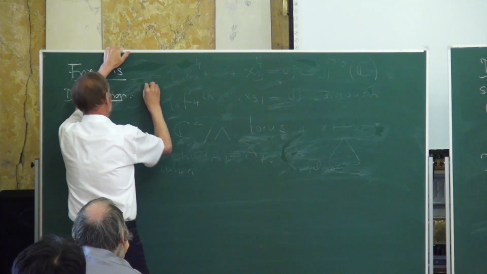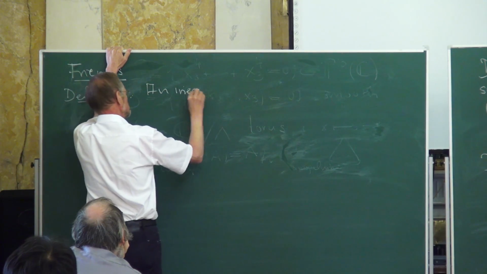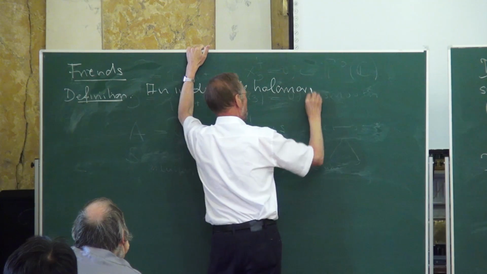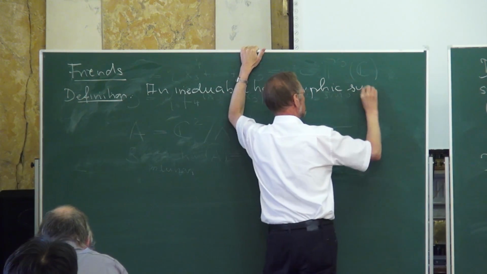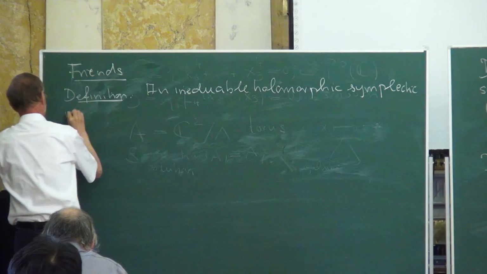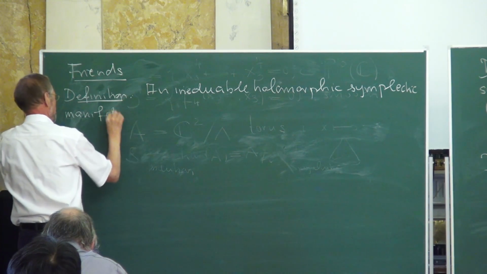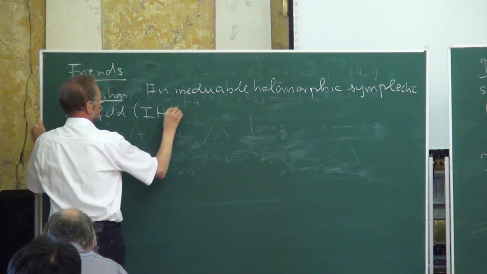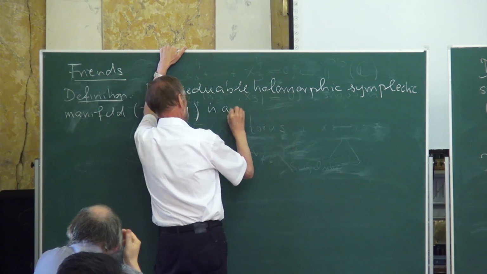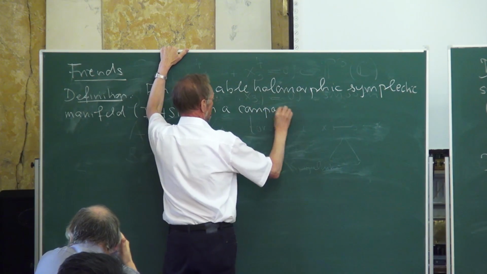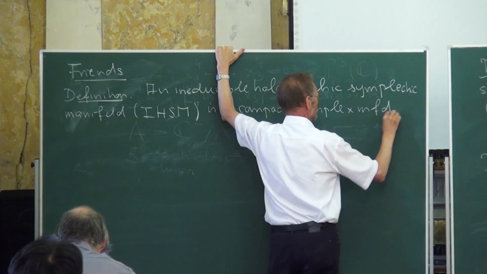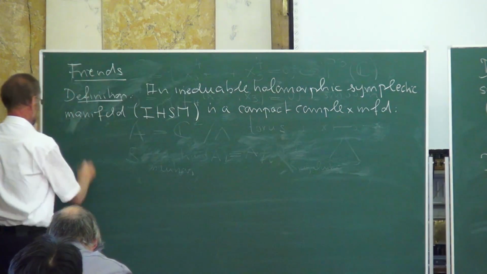An irreducible holomorphic symplectic manifold, call it IHSM, is a compact complex manifold with the following properties.